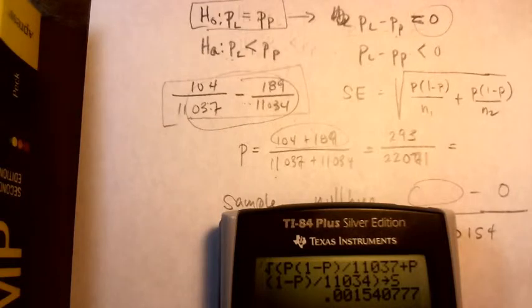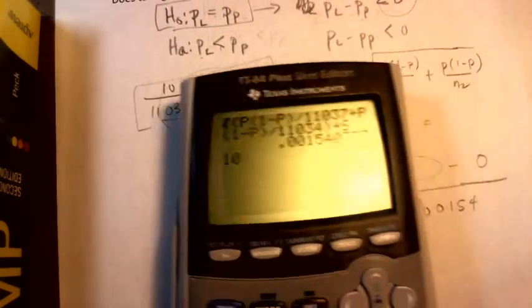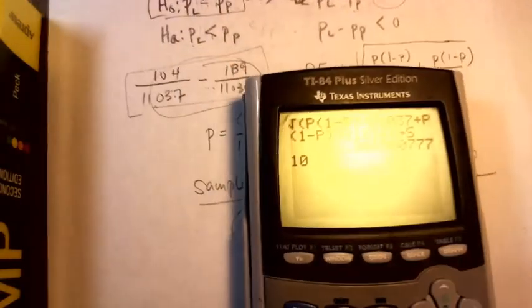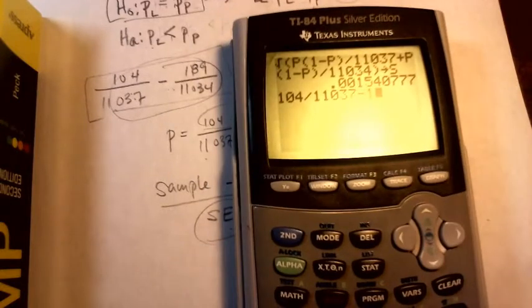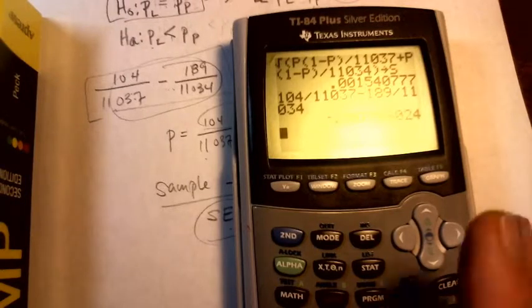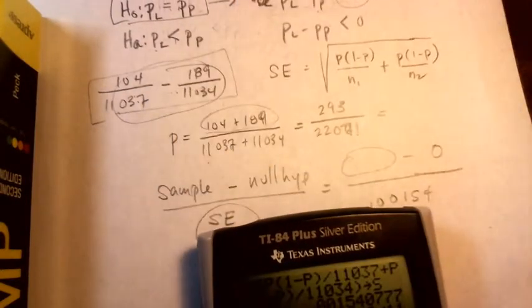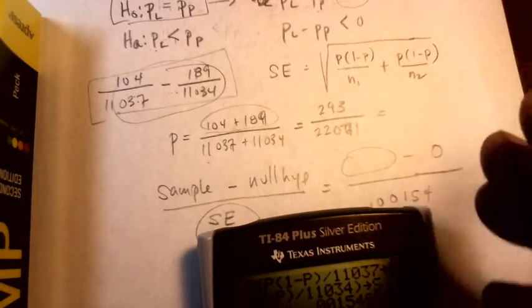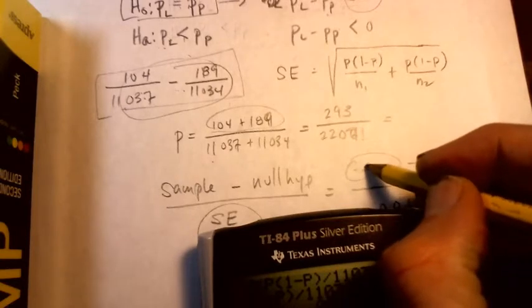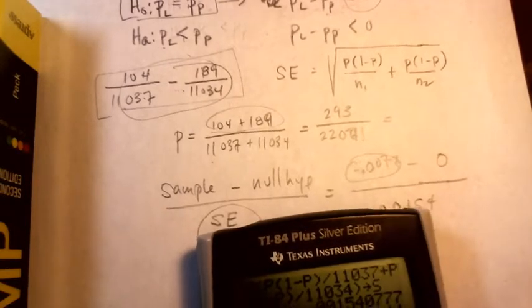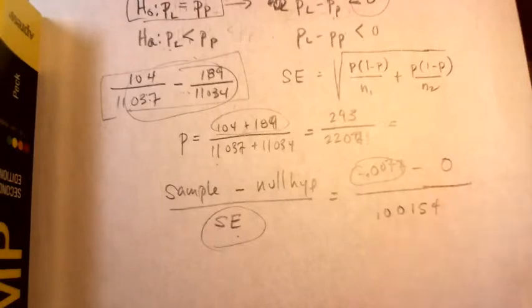That thing is 104 divided by 11037 minus 189 divided by 11034. That's my p hat L minus my p hat P. So negative 0.0077, etc. So negative 0.007 over that last thing.